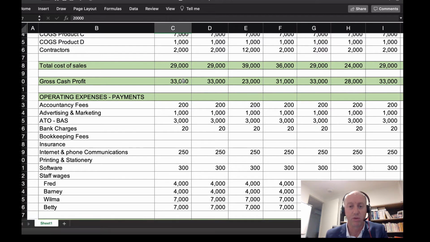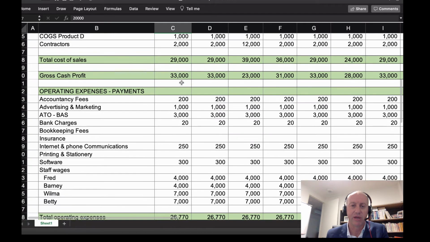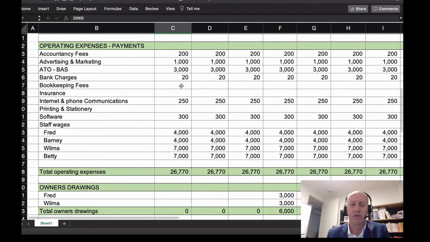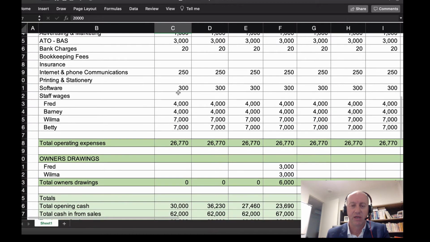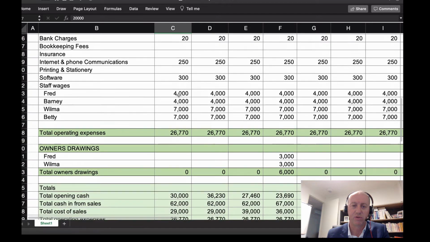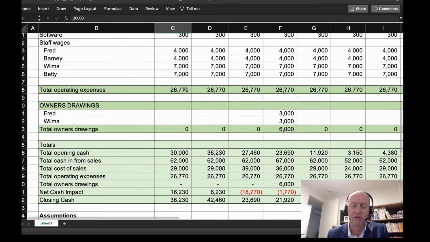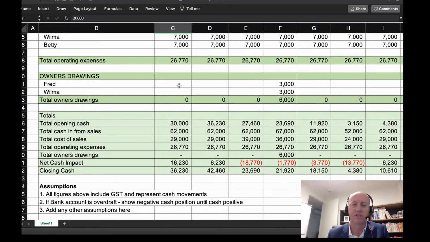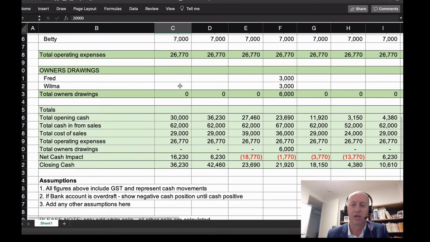It's not a P&L cash profit, but it gives you an idea on a cash basis how you're tracking month to month. You then look at your operating expenses. I don't go into loads of detail here. I'm trying to capture the most important one here, particularly wages and so on, and seeing where that sits. You then have owners' drawings in terms of the money that the owners take out on top of the wages that they may also receive.